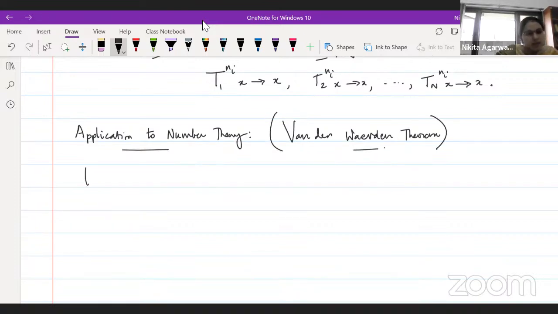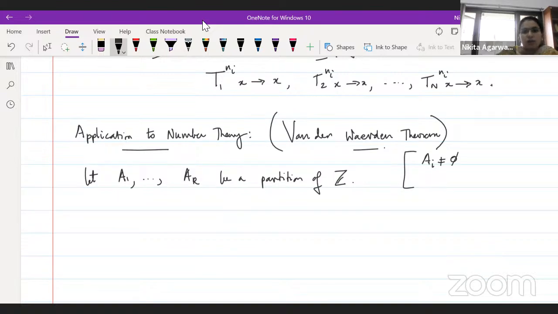It says that let A1 up till Ak be a partition of Z. So by partition, I mean that let us assume that each Ai is non-empty, and if you take the union of all these Ai's, that's equal to Z, and they are pairwise disjoint. Okay, that's a partition.